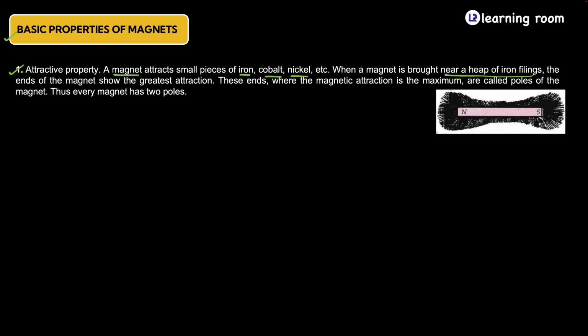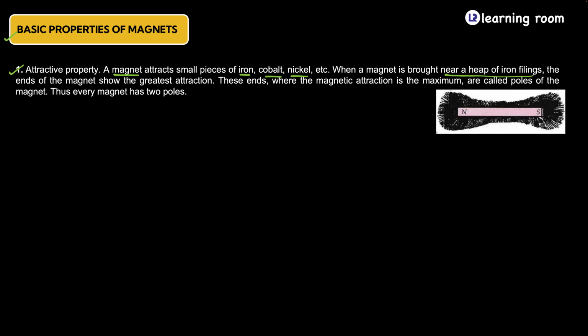When you bring those iron filings, what will happen is the ends of the magnet will show greater attraction. Why are the ends of this magnet showing greater attraction? Because the ends have the poles. So where is the magnetic strength the maximum? Near the poles.